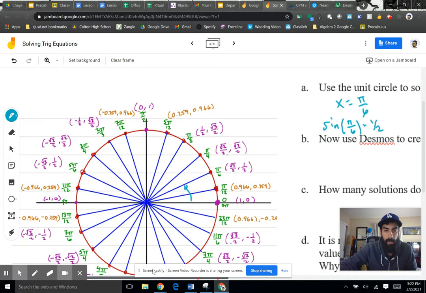Same logic applies. We find another angle on the unit circle for which the sine value is 1/2. We can go around the unit circle until we hit this point. And you can clearly see sine is 1/2 right here. And that angle is 5 pi/6 radians.